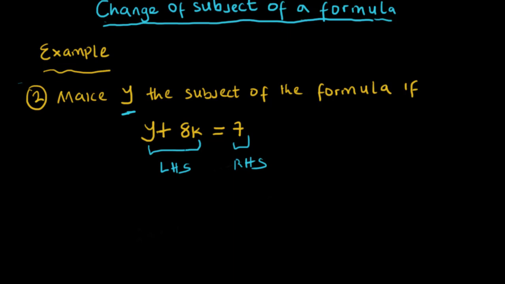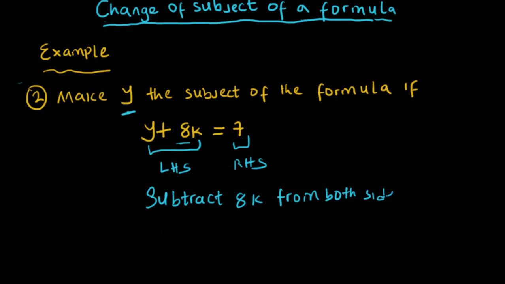So what I will do is, since 8k is being added to y, to remove 8k from the left hand side, I will subtract. I'm doing the opposite. Because I have y plus 8k, I will do the opposite of addition. So subtract. What do I want to take away from the left hand side? 8k from both sides.